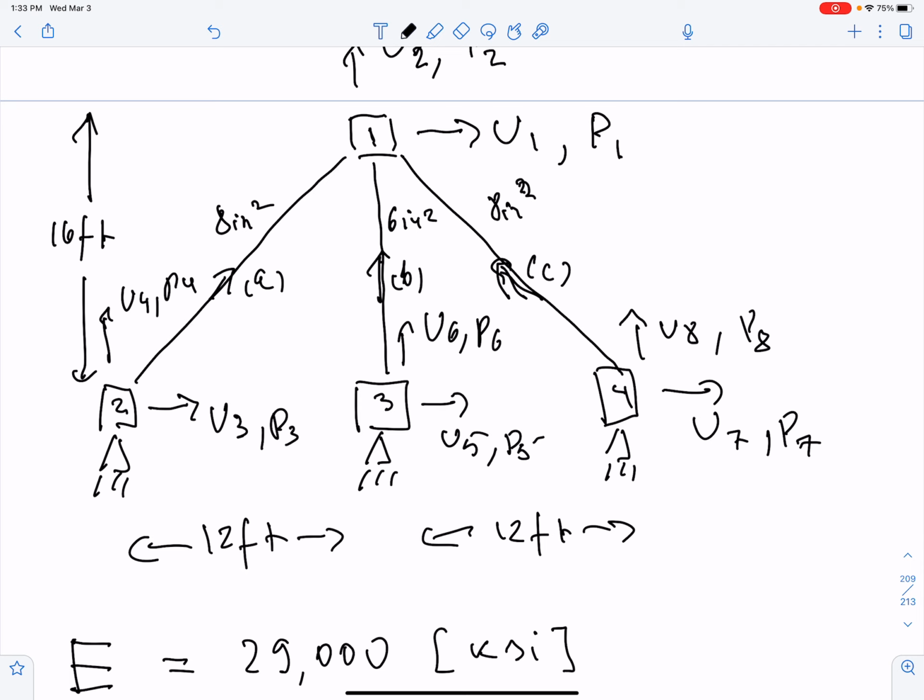For element A, the local displacements are restrained at node I, so the entries of the ID array are going to be zeros, and the 3, 4 displacements point to 1 and 2.